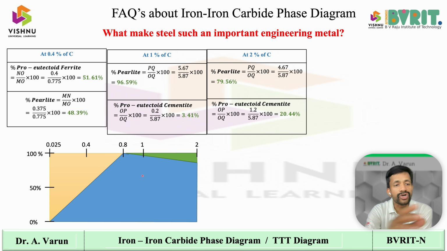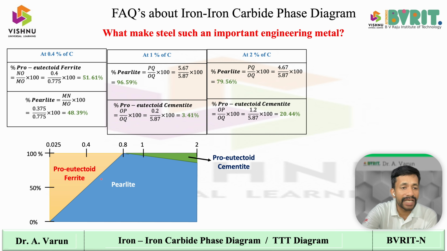So if you round it off at 0.4, which is somewhere, if you round it off to 0, 0.4, 0.8, it becomes something like 50, and even this one will be 50-50. So this is how you can roughly estimate. At 0.4, you have protectoid ferrite as 50 percentage and perlite as 50 percentage.